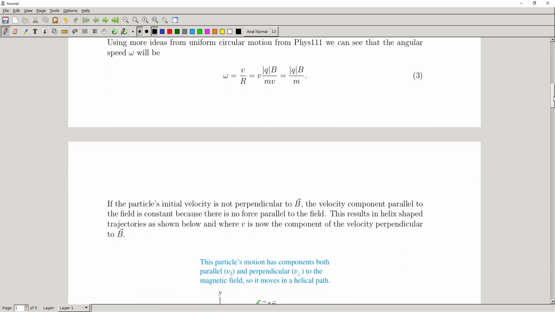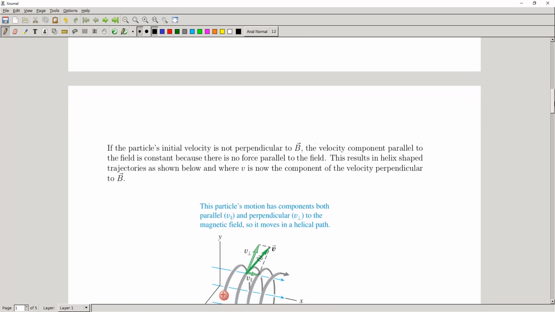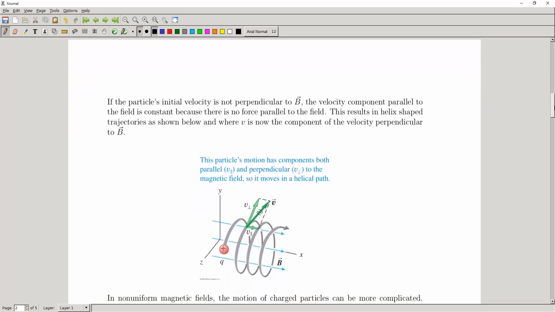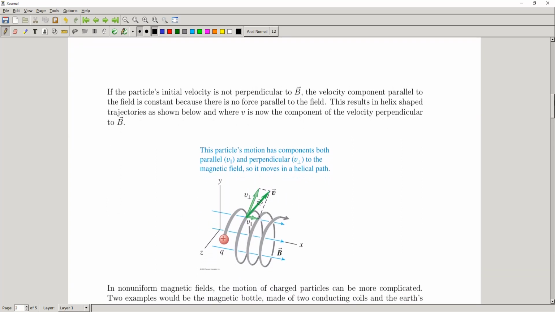So let's take a look at what happens if the initial velocity of our charged particle is not perpendicular to the magnetic field, right? So we have some component, and this is a diagram of what's going to end up happening. We have some component of that velocity that is actually parallel to the magnetic field, and some other component of it, the majority of it in this case, is perpendicular to the magnetic field.